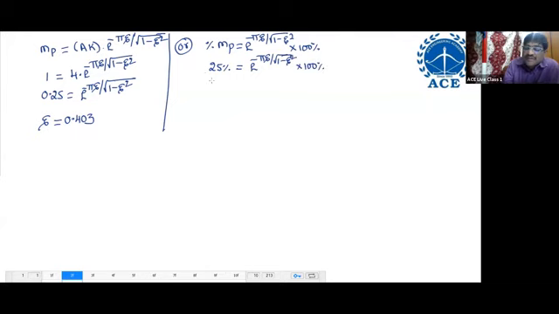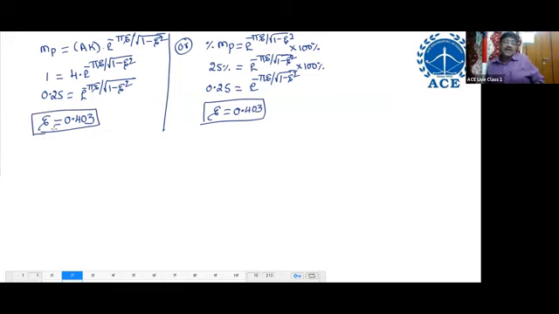If the 100 comes this side divided by 100, then we get 0.25 equals e power minus pi zeta divided by root of 1 minus zeta square. Both are same. You find zeta, you will get 0.403. This is the answer. Either go by percentage of MP or MP, the answer is same.